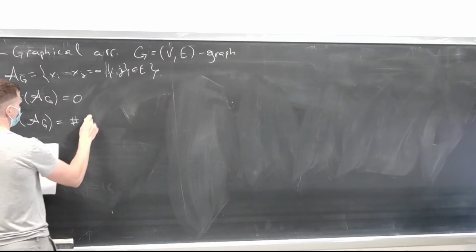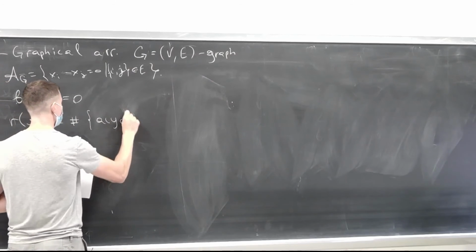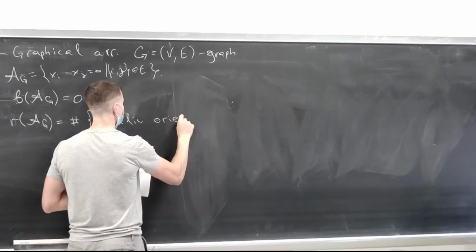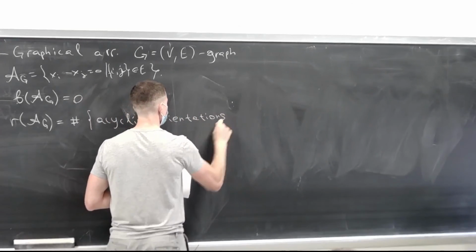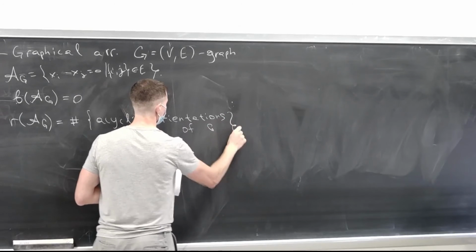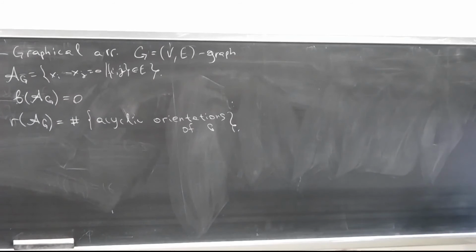The number of regions turns out to be the number of acyclic orientations of G. And why is that? I see. Yeah, very nice.